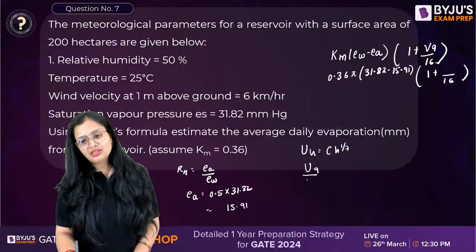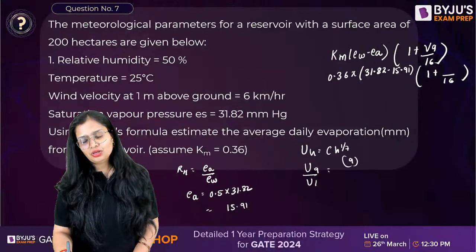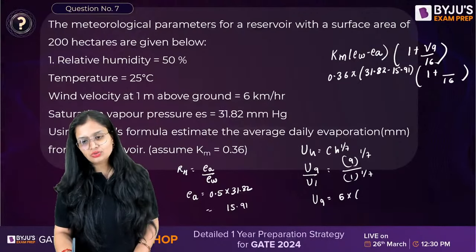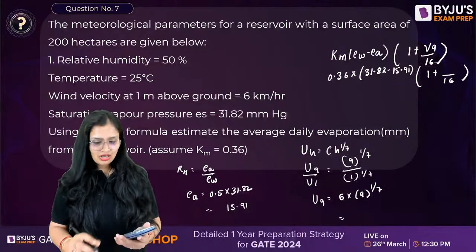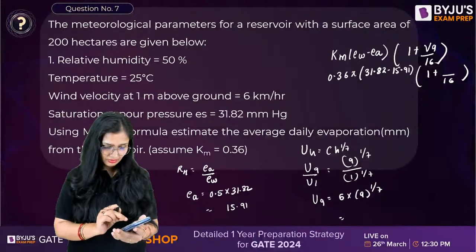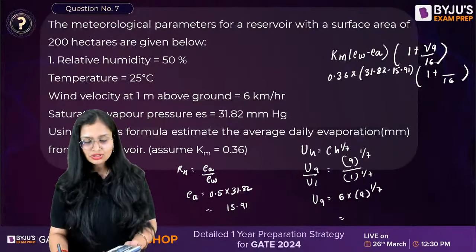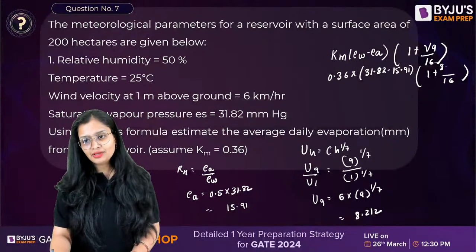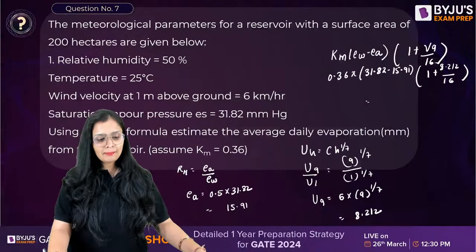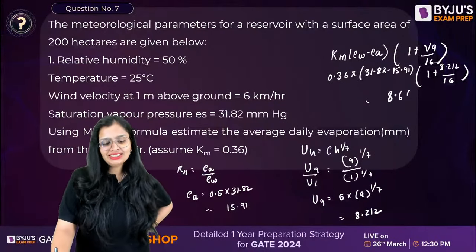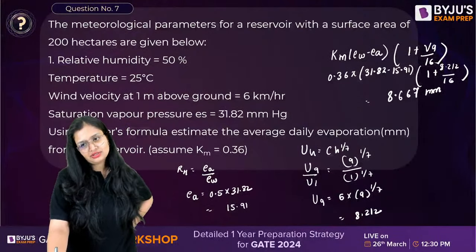So U9 by U1 is 9 to the power 1 by 7 over 1 to the power 1 by 7. So from here 6 into 9 to the power 1 by 7. How much is it coming? This comes out to be 8.212. So guys, substitute it here, 8.212. How much will it come? Will it come out to be 8.667? Just check it once.